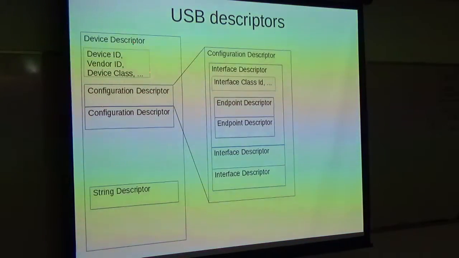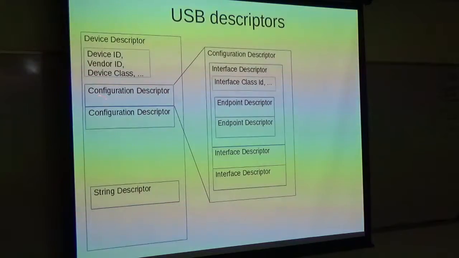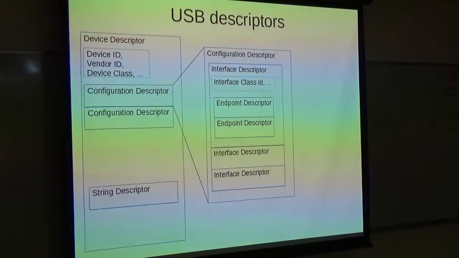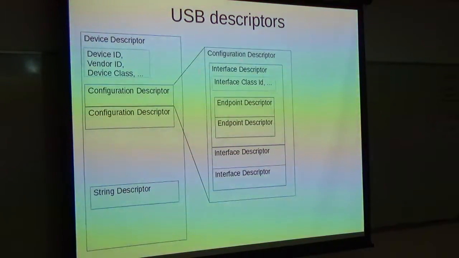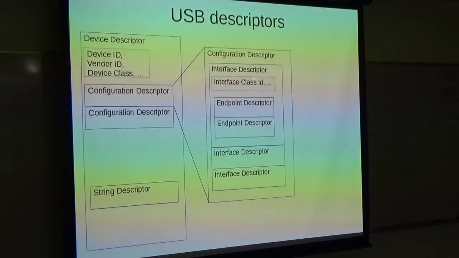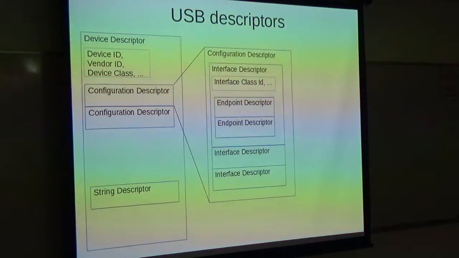In the device descriptor, there is a configuration descriptor, and the configuration descriptor has interface descriptors. In turn, the interface descriptor has endpoint descriptors, so that it shows which endpoint is used for which interfaces.